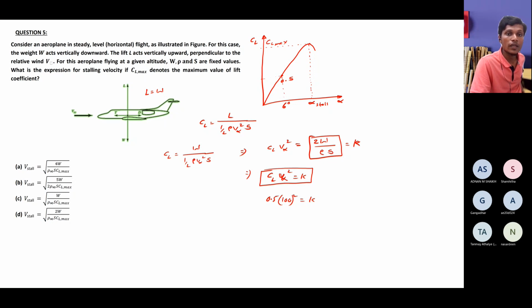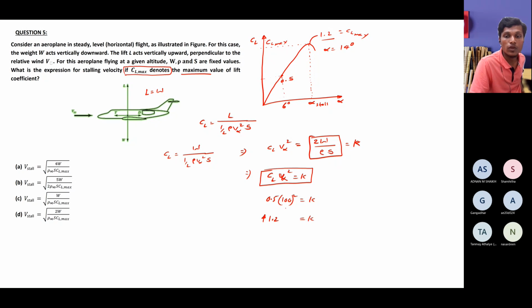If I need to maintain my CL at the maximum value, what does it mean? Let's consider CL maximum as 1.2 at alpha equals 14 degrees. Assume this is your CL max. Now your CL increased to CL max.